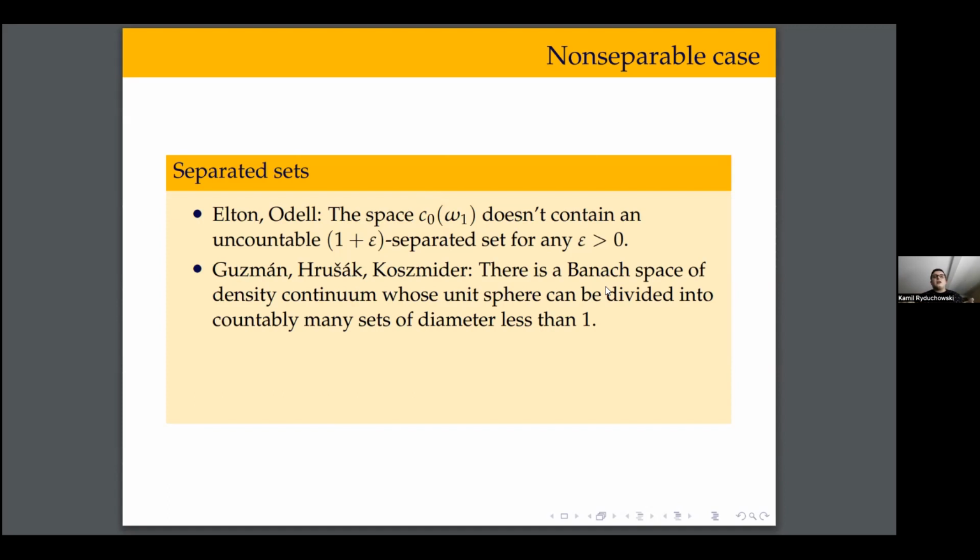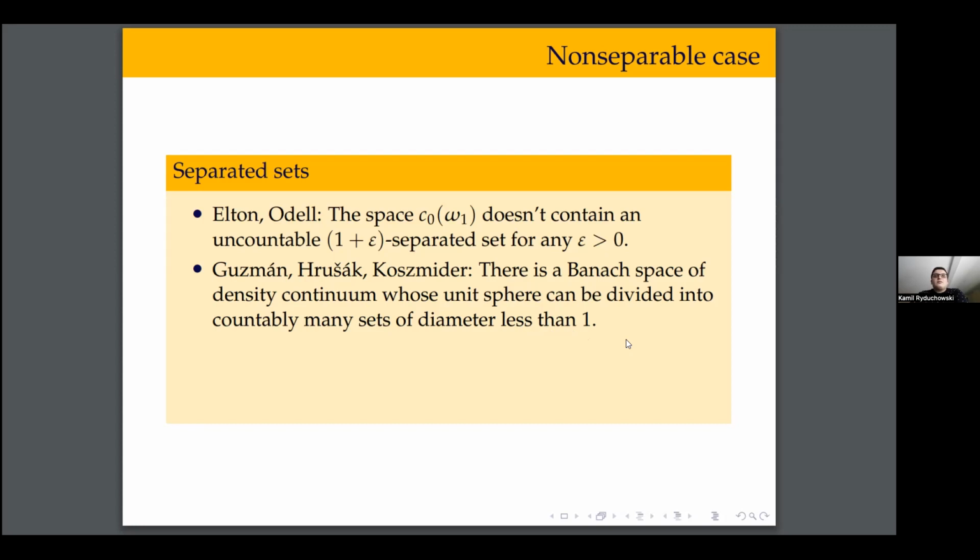So in particular, if you have any uncountable subset of the unit sphere, then uncountably many of its elements have to come from one of those countably many sets, so they have to be closer than 1 to each other. So there are not even uncountable 1-separated sets in the unit sphere of this space.